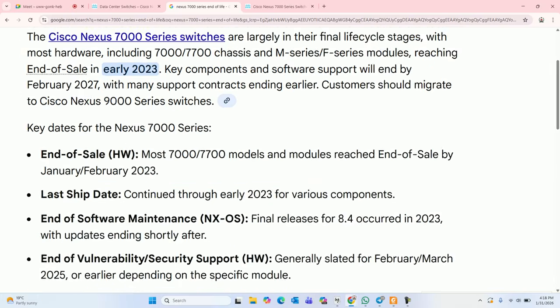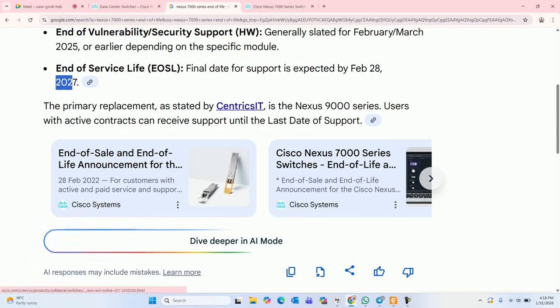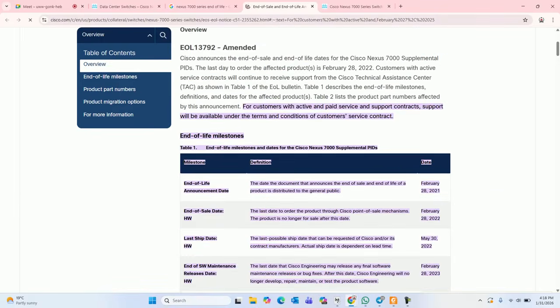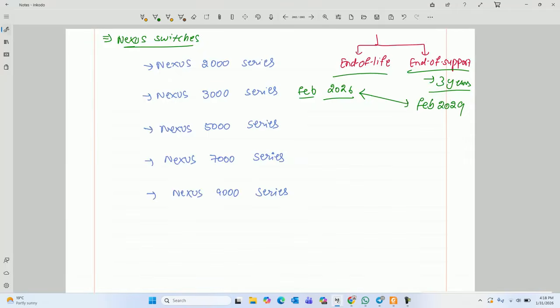Then they also have end of service, which is February 28, 2027. So there's always an end of sale and end of life announcement. That's why nowadays you will not be able to purchase 7000 series Nexus switches. So you have to look for this.